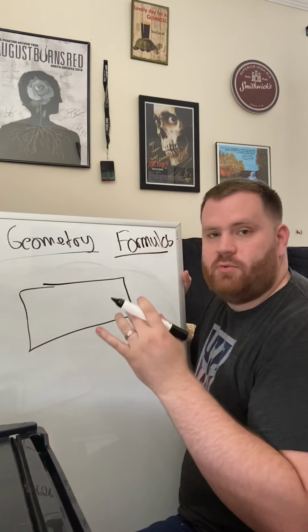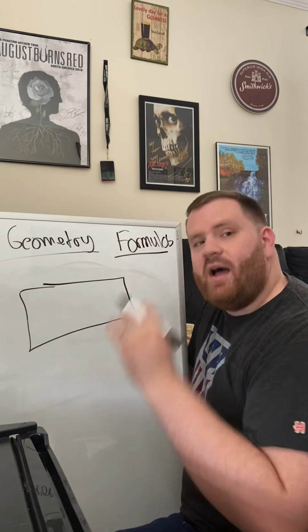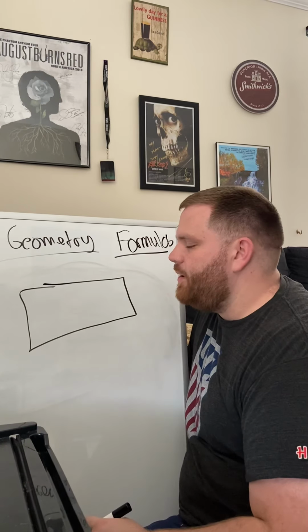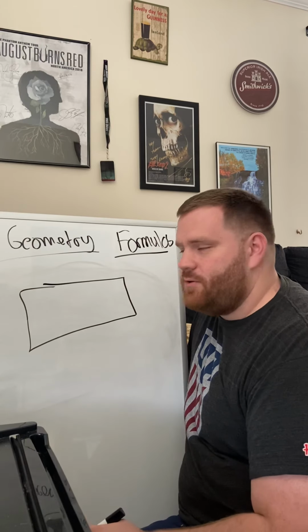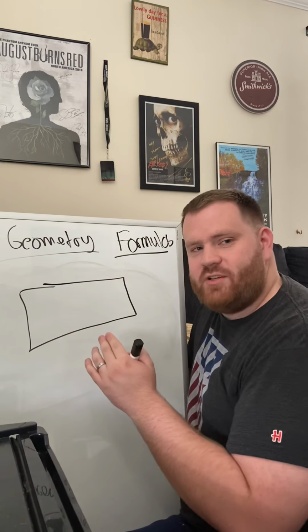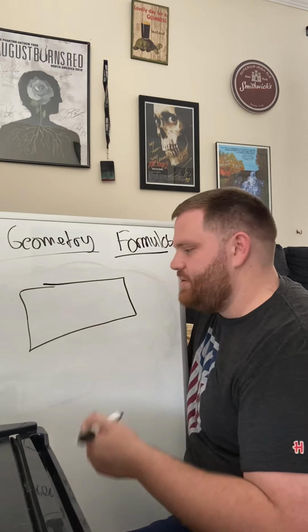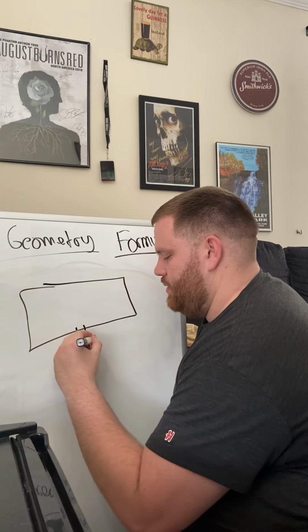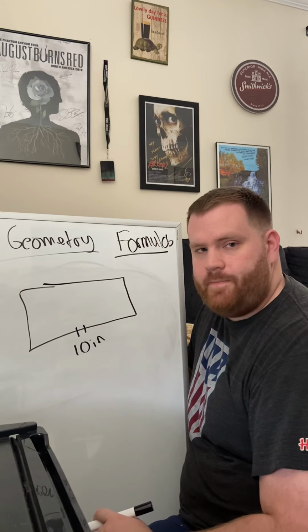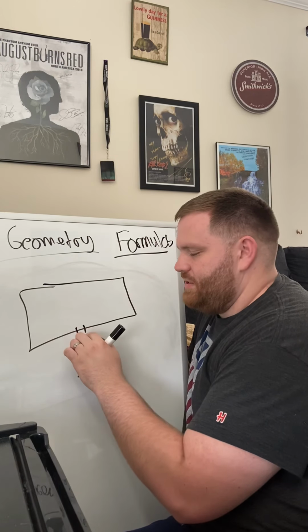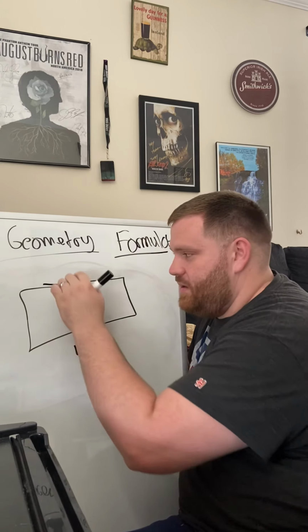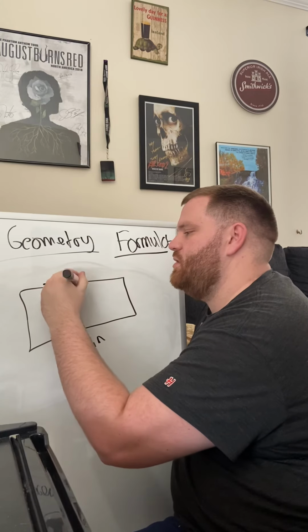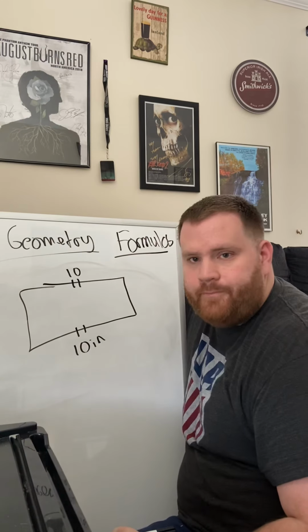My drawing is terrible, by the way, okay? They have four sides, just like a square, all right? Except with a rectangle, the sides opposite of each other are equal. So let me explain that. Let's say this side is 10, right? The side across from it, or opposite of it, is also 10.